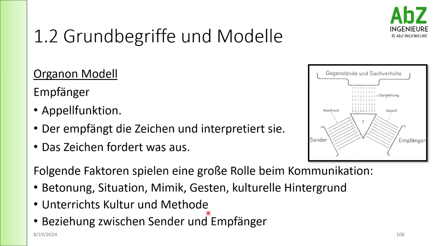Then you have Unterrichtskultur und Methode, the way they were taught and the methods which they were taught. And then you have the relationship between the speaker and the Zuhörer, listener. So all these constitute the Organon model of communication.